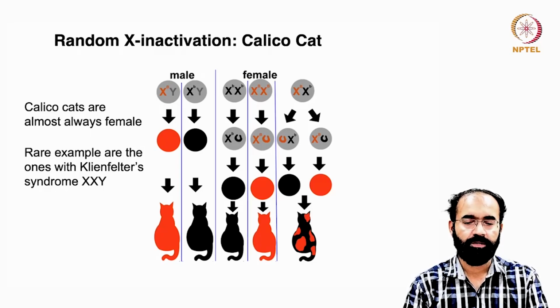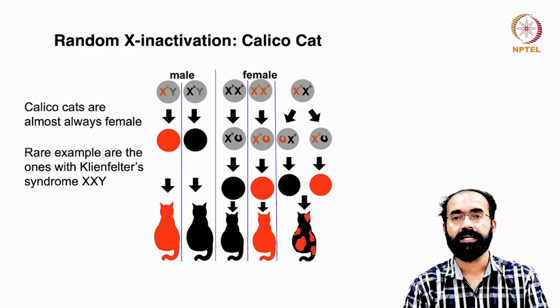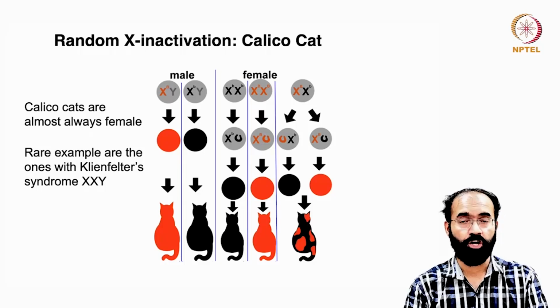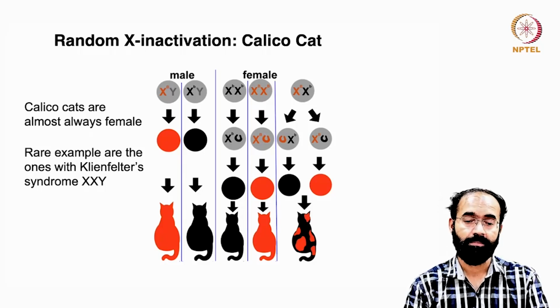Whereas in the female, you can see 2 versions, in fact 3 versions: 2 X black in color, 2 X orange in color, and 1 X orange, 1 X black. We should understand that orange color is dominant when it comes to skin color. Orange is dominant over the black one in the case of the calico cat.